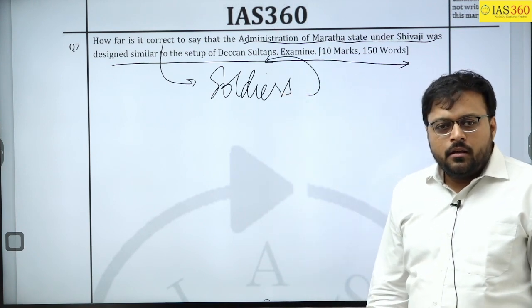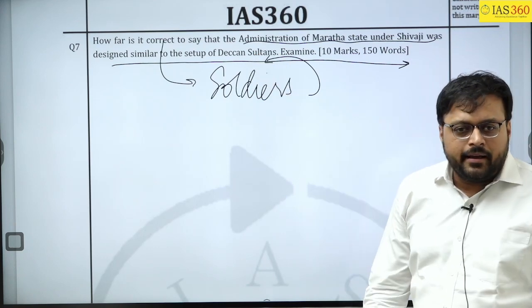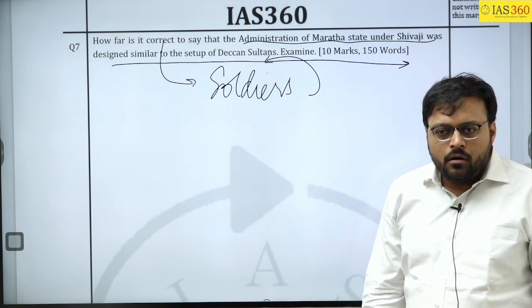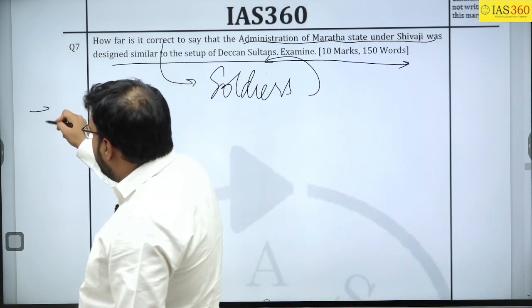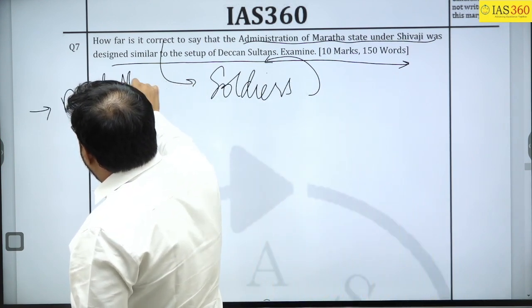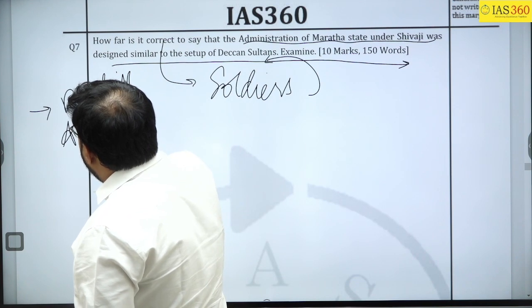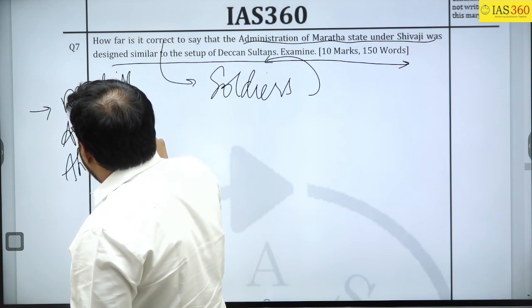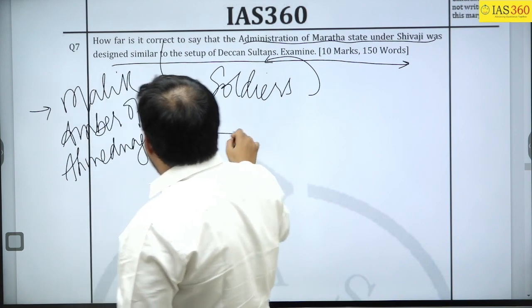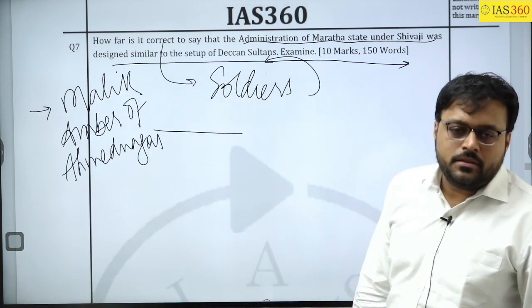Shivaji's father was in the Deccan Sultanate of Bijapur, and therefore Shivaji was influenced by the Bijapur kingdom and Malik Ambar of Ahmednagar. From here his idea of administration was influenced.